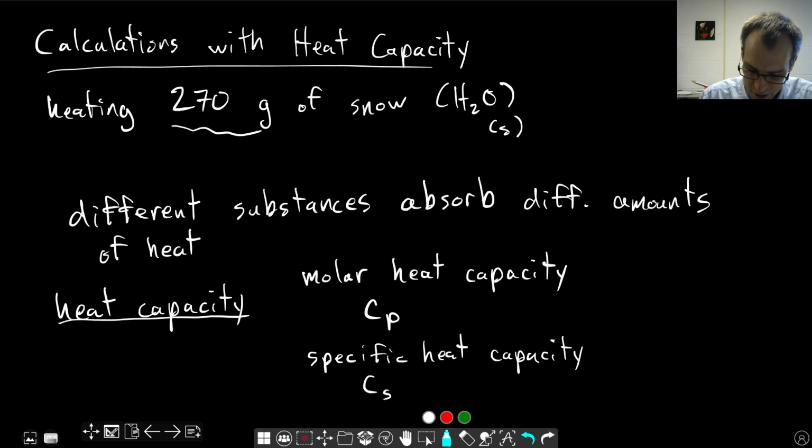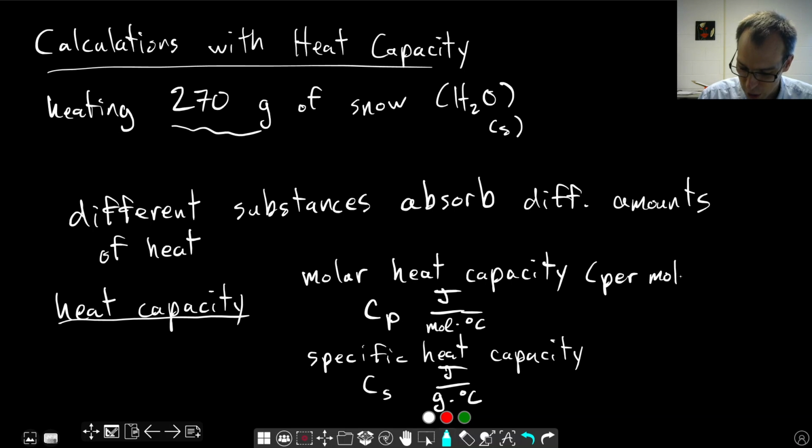Molar heat capacity is given in joules per mole times degree Celsius, whereas a specific heat is joules per gram times degree Celsius. So the difference is that the molar heat capacity is how much heat is absorbed per mole of a substance, whereas the specific heat capacity is per gram.